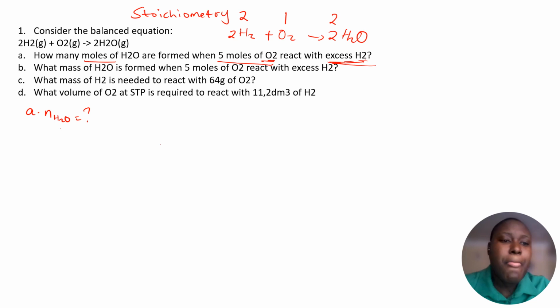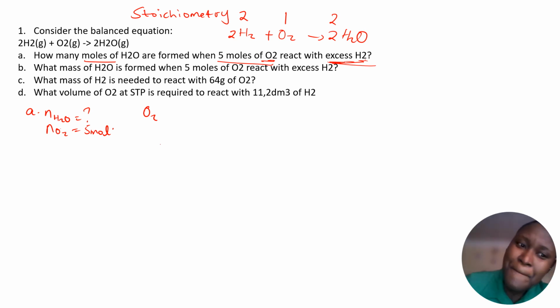So they say, how many moles of H2O are formed when you have 5 moles of O2. Now we look at the mole ratios. You have O2 is to H2O, the ratio is 1 is to 2.